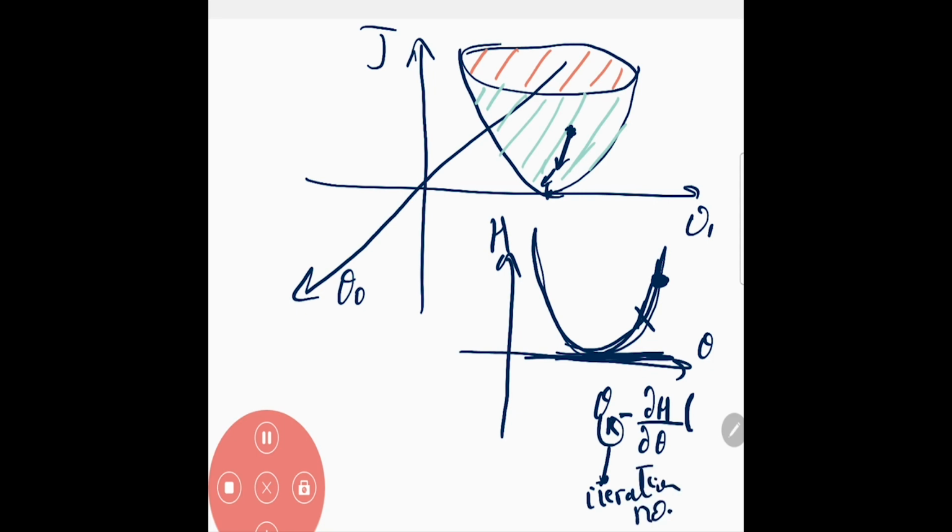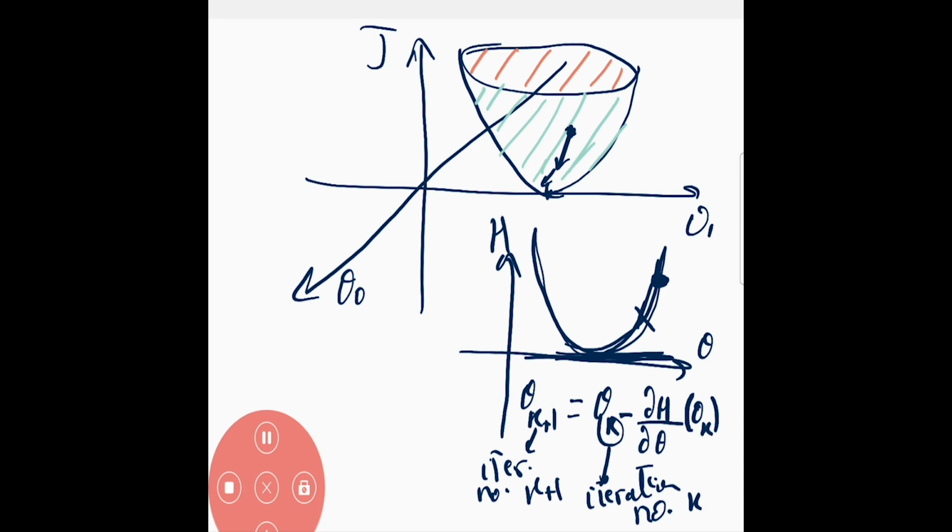So if we subtract the value of the derivative of h by theta at this particular theta k from theta k, we can obtain a new theta. We can just call that theta k plus 1, which is iteration number k plus 1. So basically we obtain the new theta starting from the old theta.